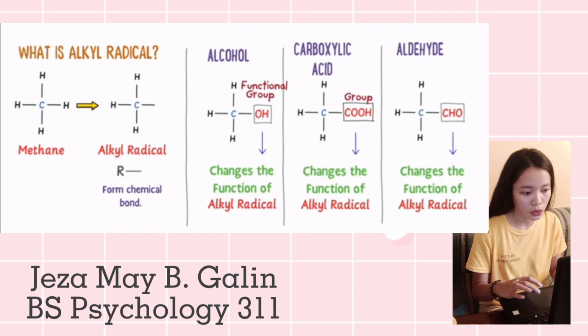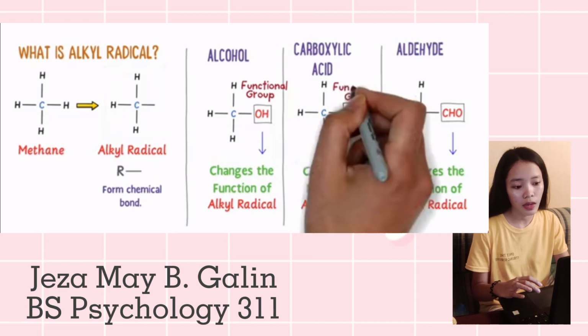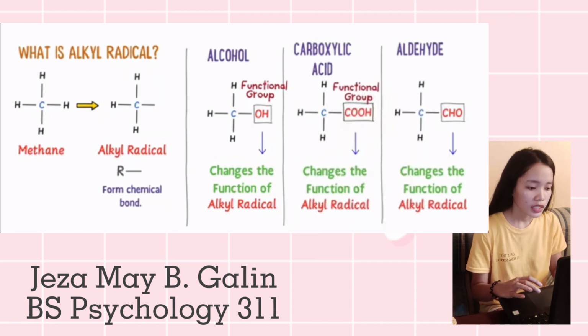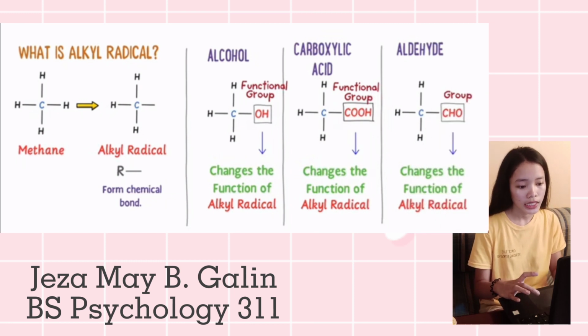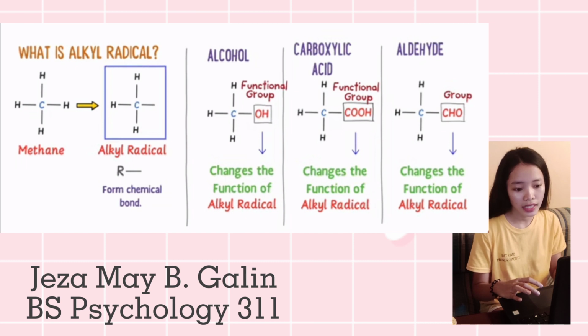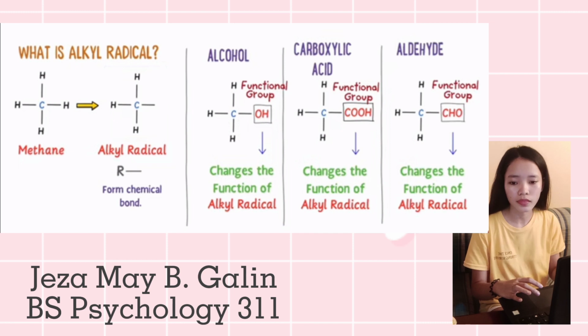Secondly, this COOH group of carbon, oxygen, and hydrogen atoms changes the function of the alkyl radical and makes carboxylic acid, so we say that it is a functional group. Thirdly, this group of carbon, hydrogen, and oxygen atoms changes the function of the alkyl radical group and makes aldehyde, so we say that it is also a functional group.